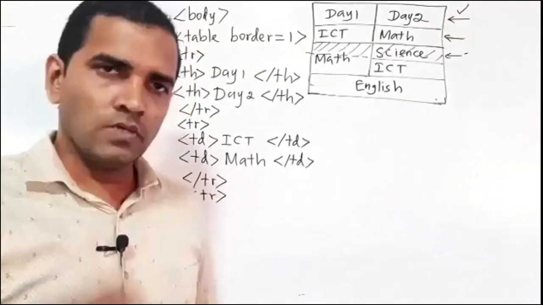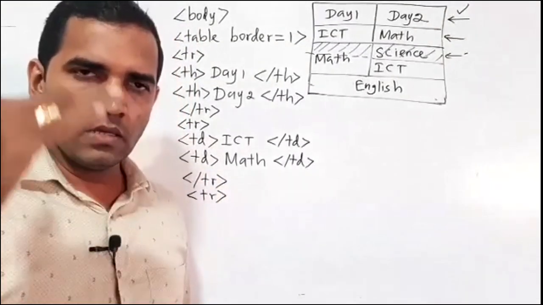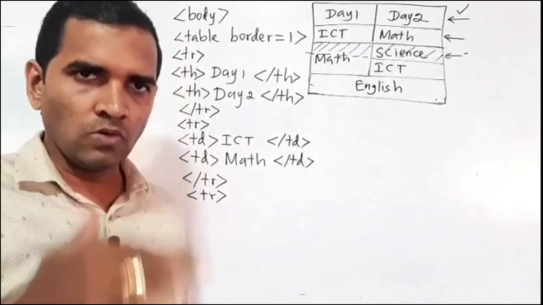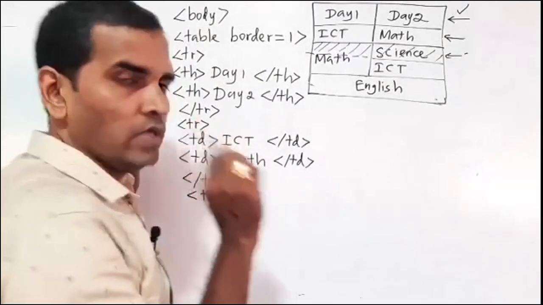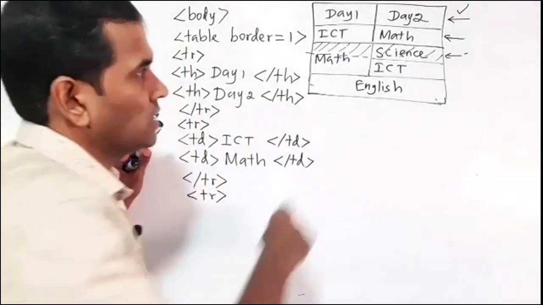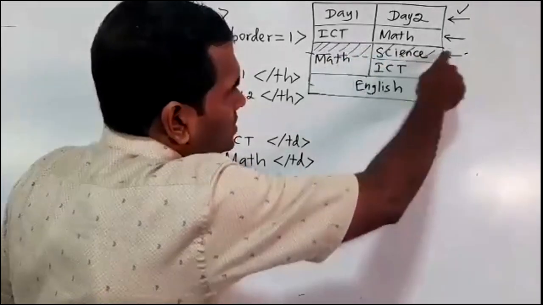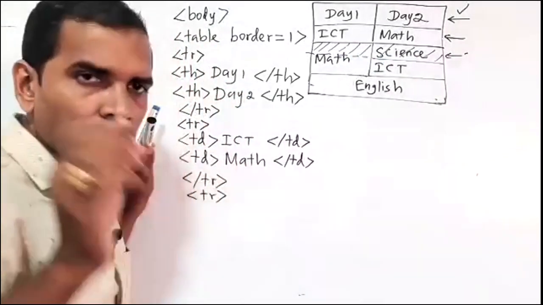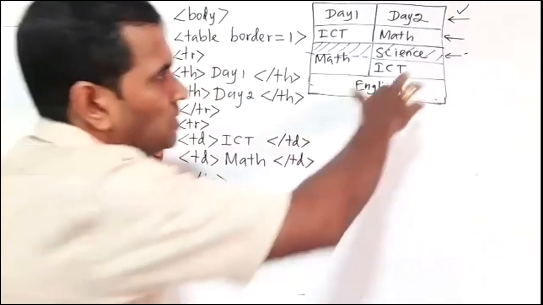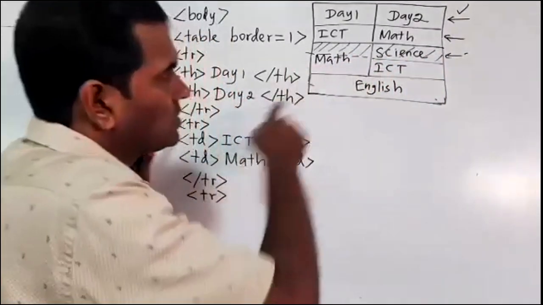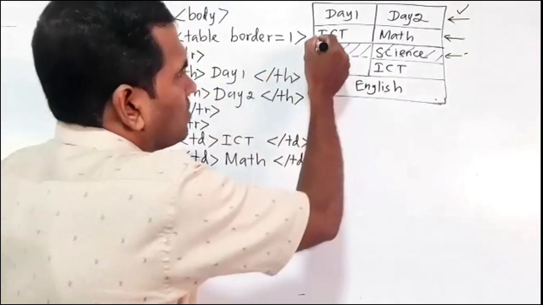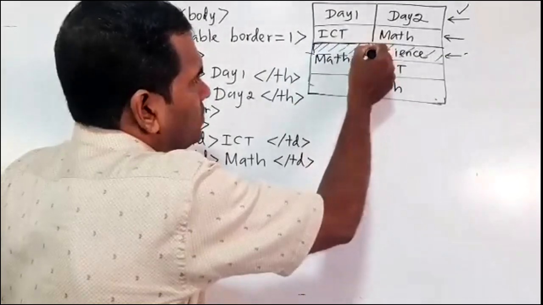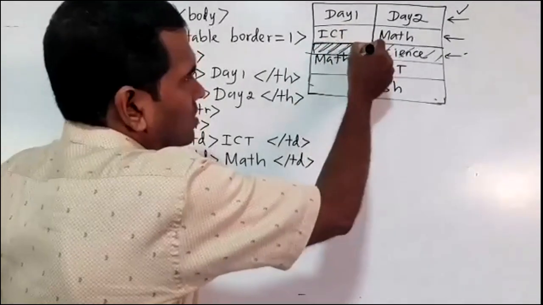As usual, when we start the row, we have to create the first cell. This is a very important part to be considered. In this third row, what is the first cell? The first cell is this one, highlighted in blue.